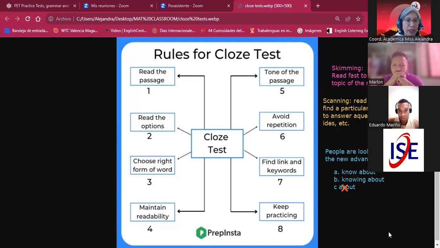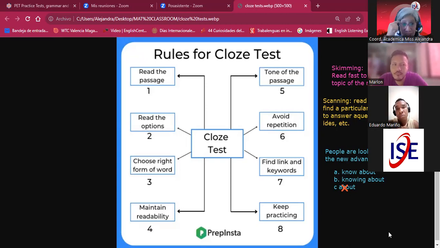Common sense says, no, no, in A1 and in A2, teachers told me that we use a simple verb after preposition to. But the expression looking forward to is always followed by a verb with ing. It is an exception.